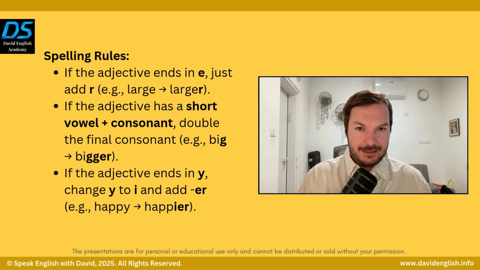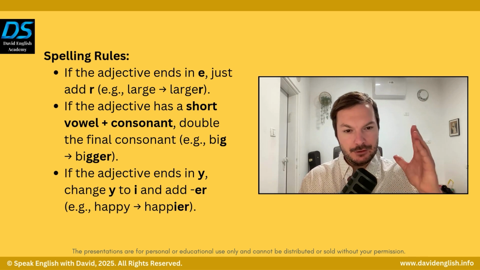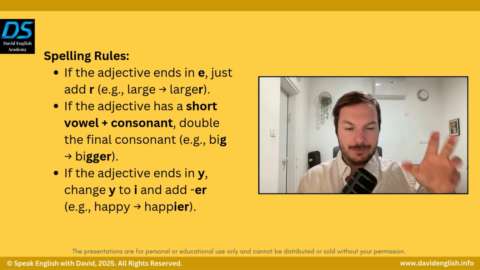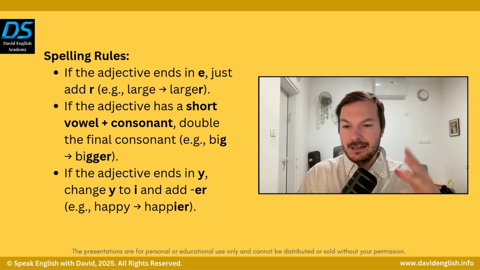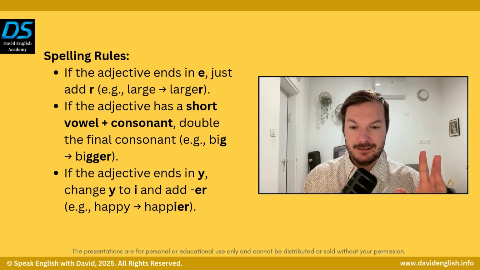If you're interested in spelling rules, if the adjective ends in E, just add R. For example, large. It ends with the E and it becomes larger. If the adjective has a short vowel plus consonant, double the final consonant.